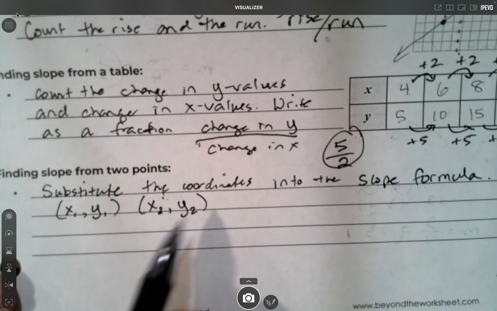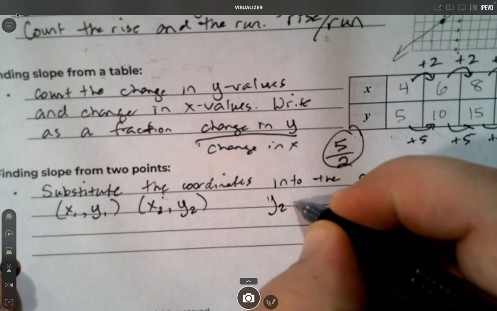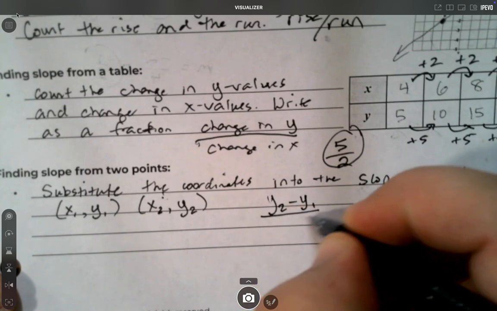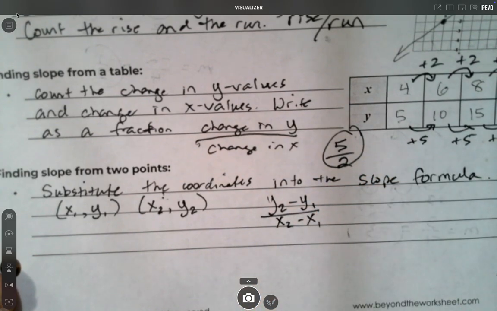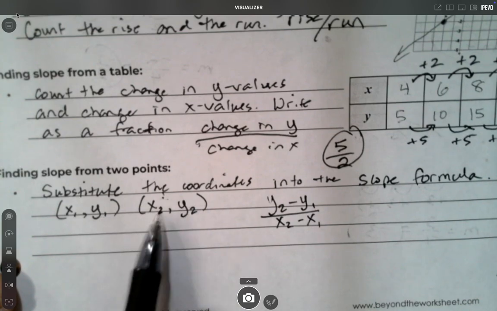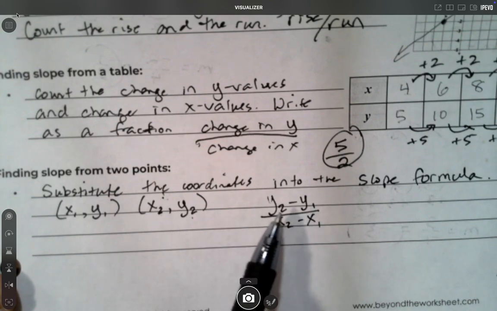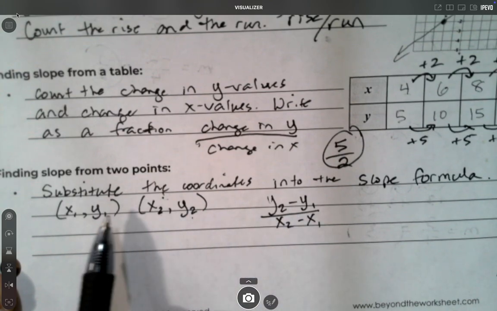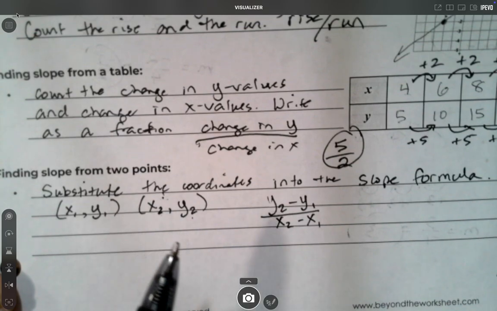This is y from our second point. So the formula is y2 minus y1 over x2 minus x1. Because you're finding the difference, subtraction is difference. You're finding the difference in the y's divided by the difference in the x's.